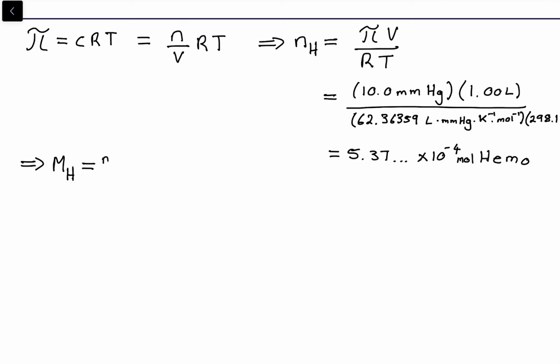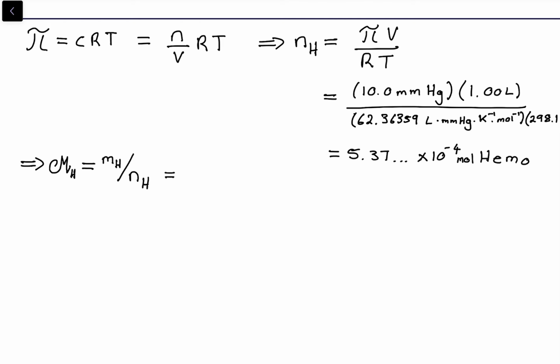So that means we need to take the mass of hemoglobin divided by the number of moles of hemoglobin. Oh, I forgot my nice symbol. The molar mass of hemoglobin.